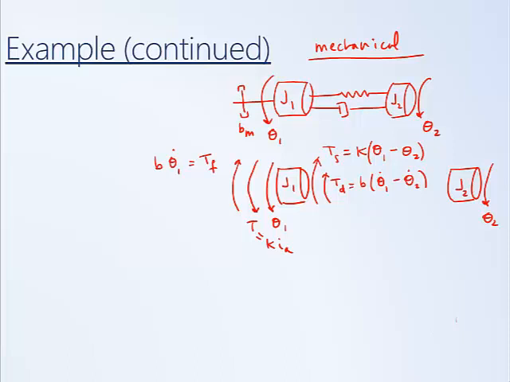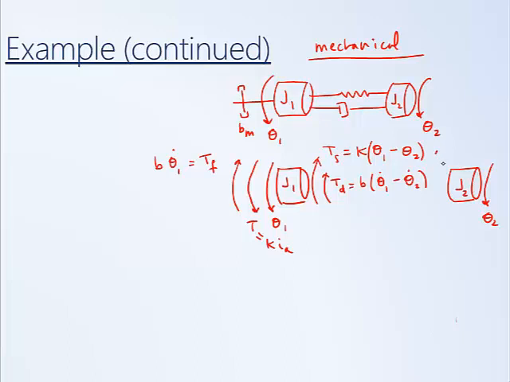The alternative to that is to just draw the torques as being equal and opposite to the torques applied to the other inertia. So you can imagine that if you took this spring and twisted it, the torque generated on the two ends would be equal and opposite.